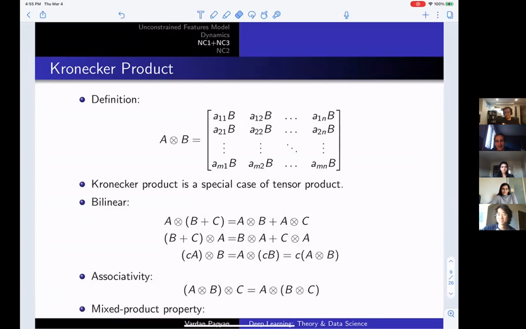Or did you write the answer not in terms of Kronecker products? I guess you could bypass it. Again, I did not write the single most important property, the mixed product property. Oh, I did write it, it's just cut. So let me write it by hand. A Kronecker B multiplied by C Kronecker D is equal to AC Kronecker BD.